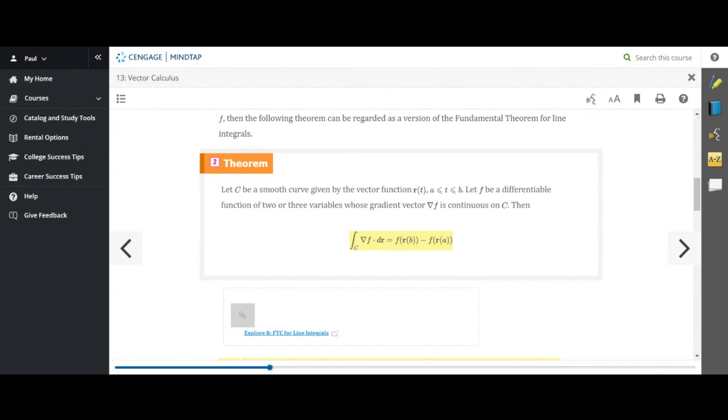What this says is the line integral, I want to say it the right way. The line integral of the vector field given by the gradient of the function f along your curve C can be evaluated simply by taking the difference of the function evaluated at the points r(B) and r(A), which means B and A are times, right?